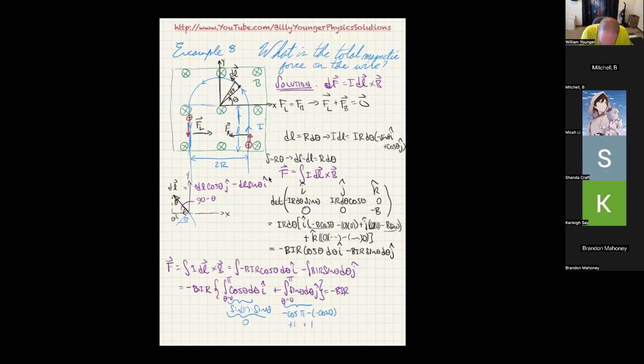So I ultimately get 2 times j hat, and in fact the answer should be F total is equal to negative 2BIR j hat. That's it. Easy peasy, right?